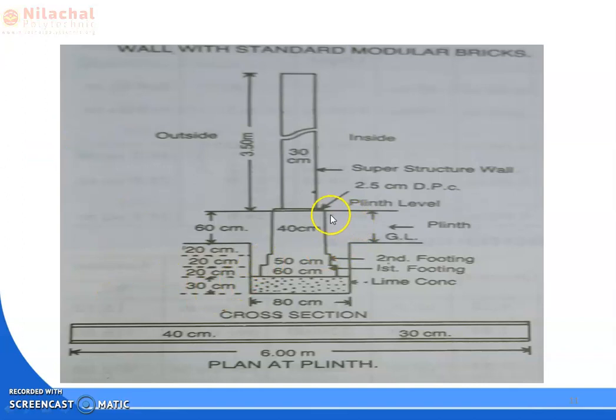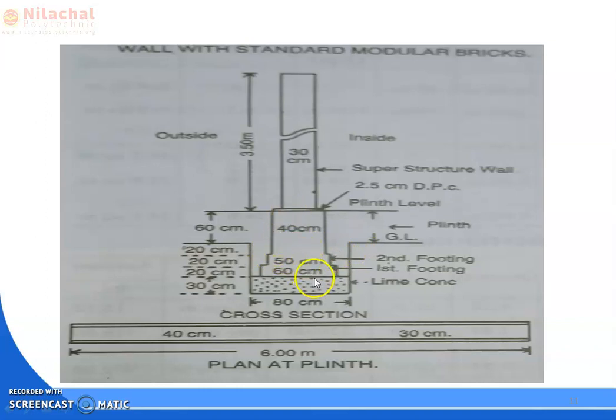The plinth is the distance from the ground level to the plinth level. Then here the first footing also contains first class brickwork, the second footing also contains first class brickwork, and the third, or plinth height, also contains first class brickwork.